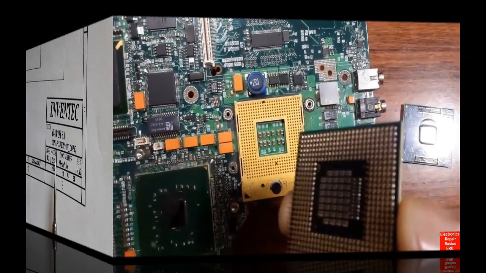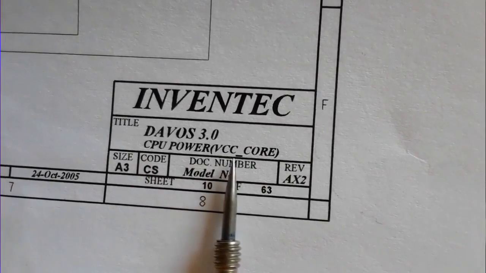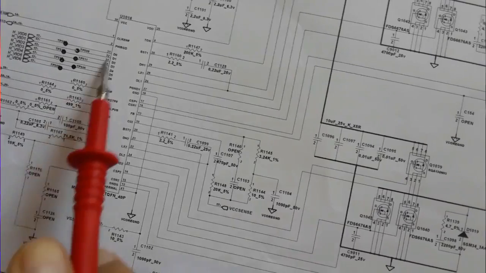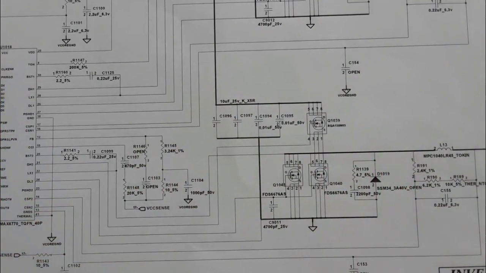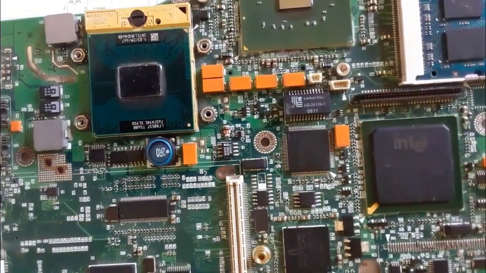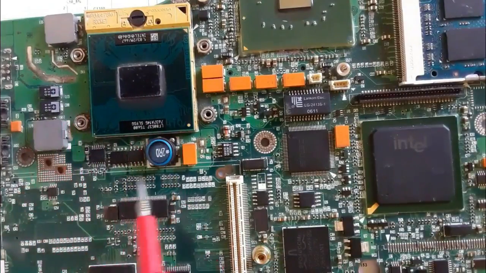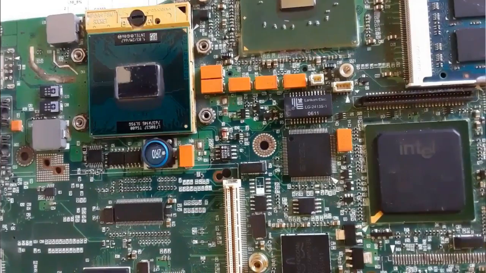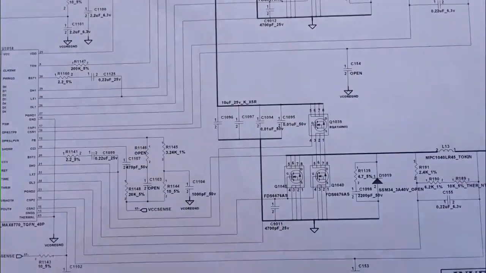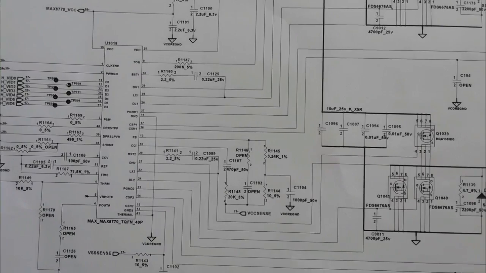Okay. To see the CPU power management circuit, as you can see, CPU power, the VCC core. This is the circuit diagram of the CPU circuit, and here in the motherboard, this is the CPU and its circuit. So the components around the CPU are the components responsible for generating the VCC core.